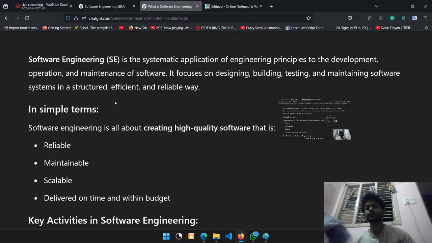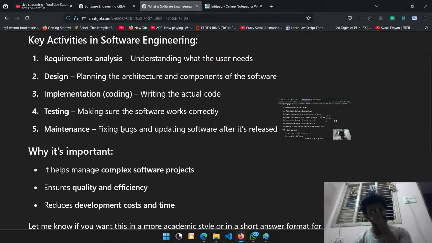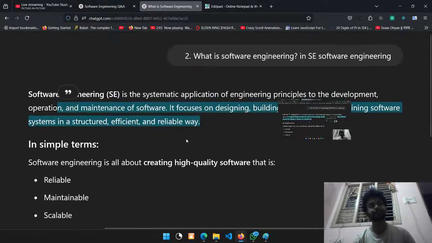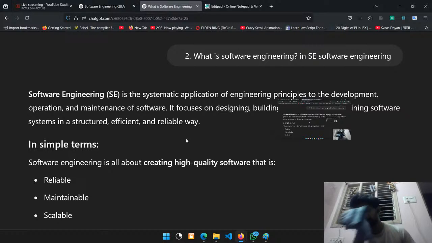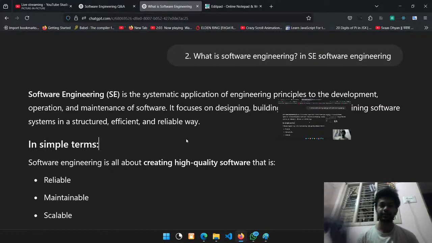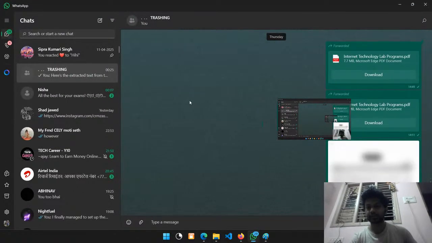It focuses on designing, building, testing, and maintaining software in a structured, efficient, reliable, and on-time way. So, kind of understandable. I can make it on my own. So it's basically applying software engineering principles. Okay, it's the same thing. Let me read what is said here.